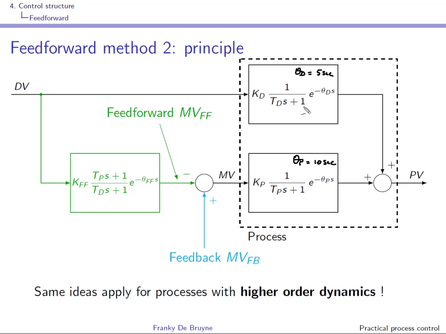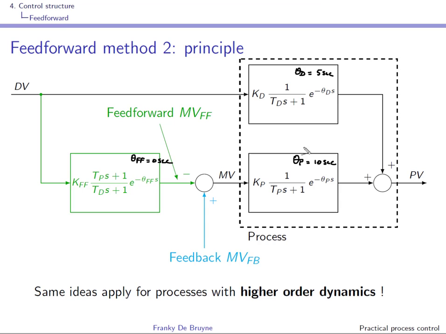Well, theta d minus theta p is minus 5, but we cannot use a negative delay, so we have to use here theta feed forward is equal to 0 seconds, and therefore you cannot adjust the first influence part and the second influence part.